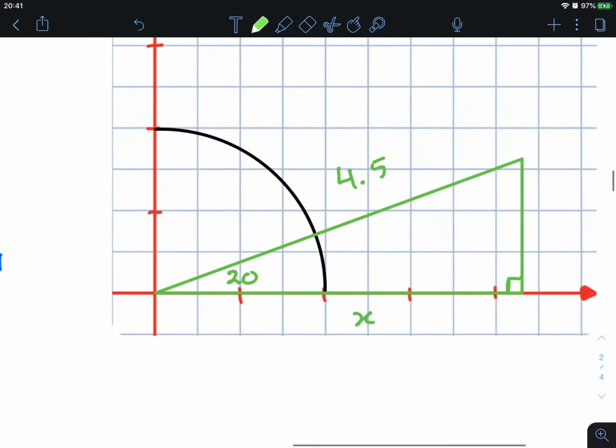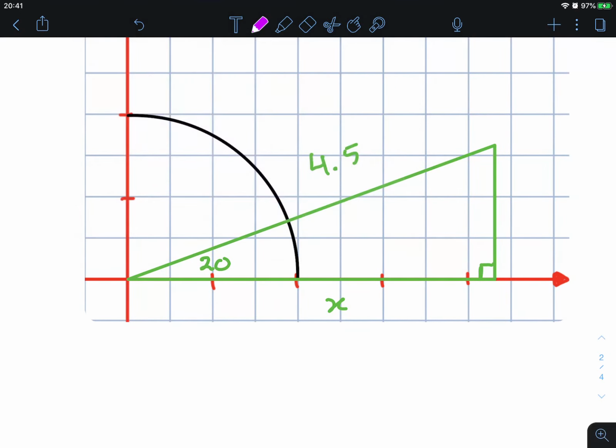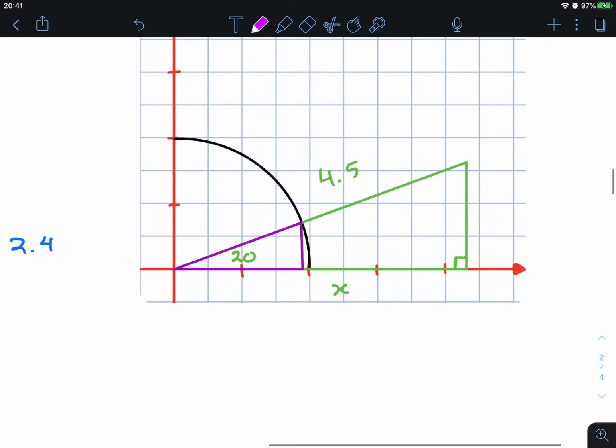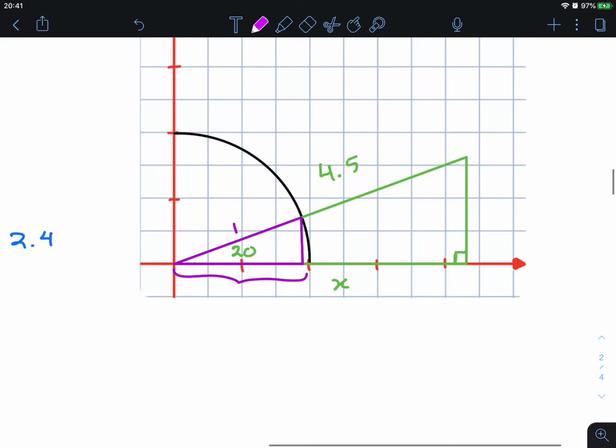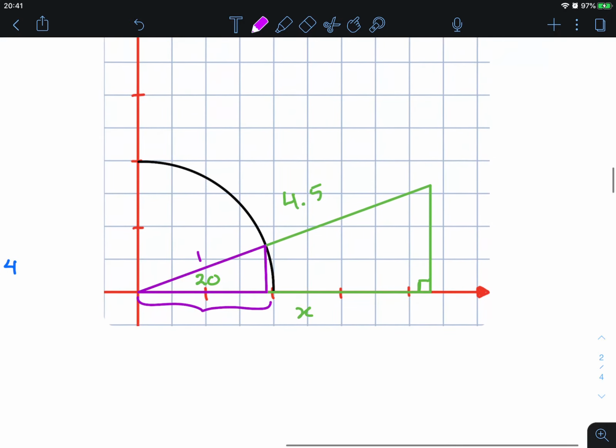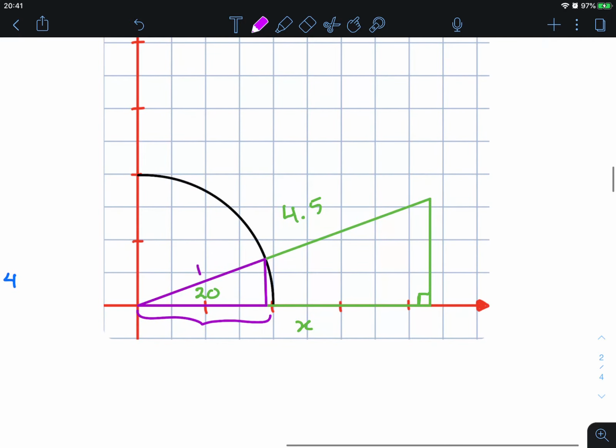And then from here we can draw a smaller triangle from the unit circle, like so. And that has a radius of 1. And this shorter length, we don't know what it is quite yet. But from the looks of it, it's very close to 1. Half is about there, that's half. 0.75.